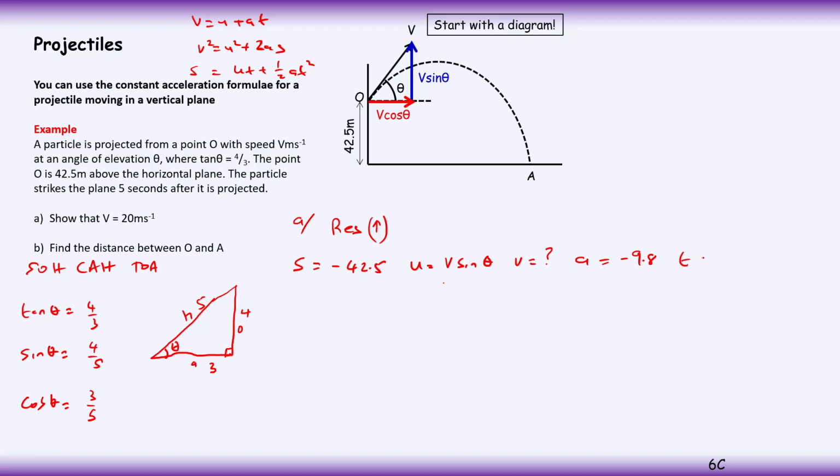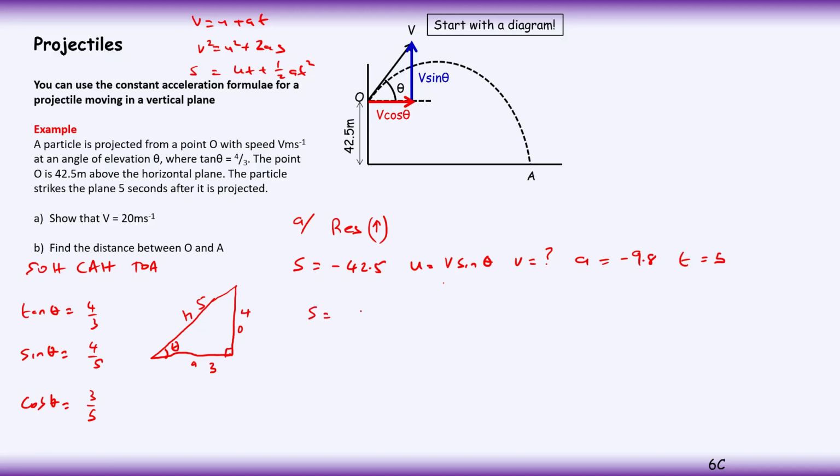And then t, we're told, is 5 seconds. So in order to show that v equals 20, I've got s, u, a and t.